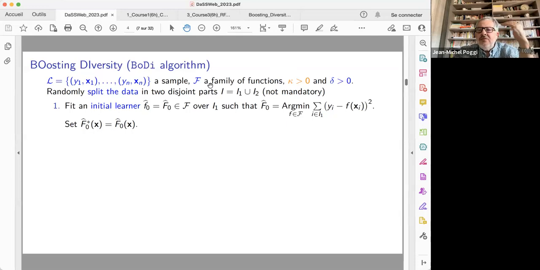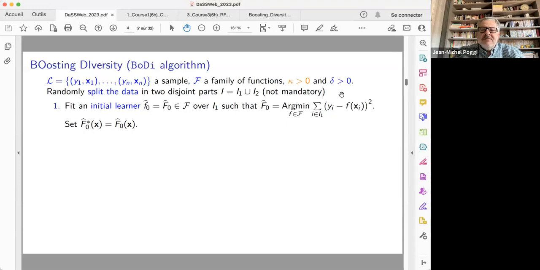For example, you could have in mind a regression tree or a random forest or something like that, tree-based methods that are well used in this kind of context. I will use this repeatedly in the sequel.